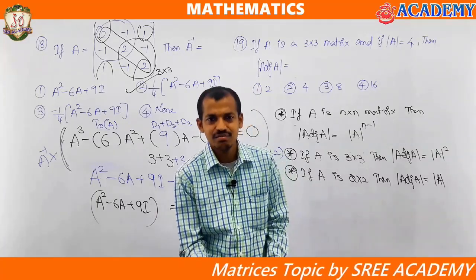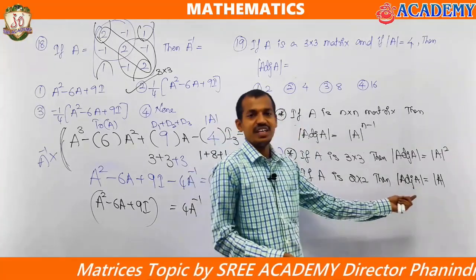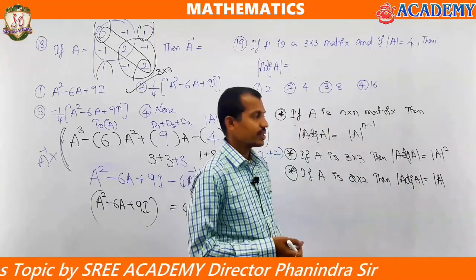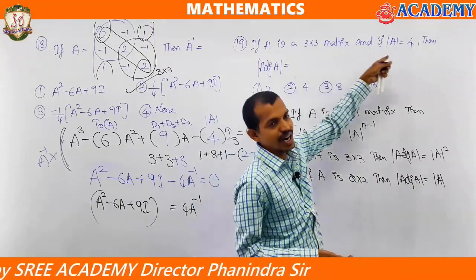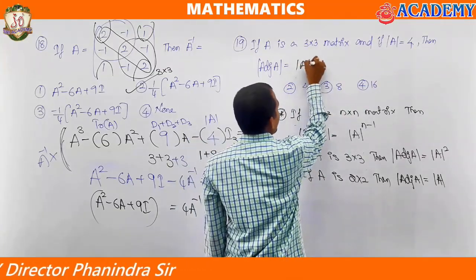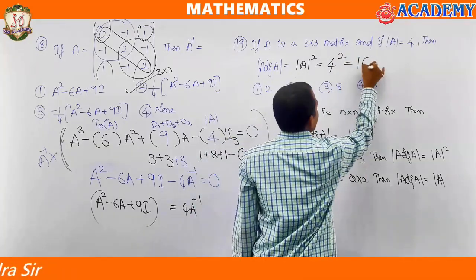Ad minus bc is nothing but the determinant. The determinant of adjoint A when it is a 2 by 2 matrix is the determinant only. Here, they gave a 3 by 3 matrix, so we can say the adjoint matrix's determinant is simply determinant of A whole square. What is the determinant here? 4 square is simply 16.